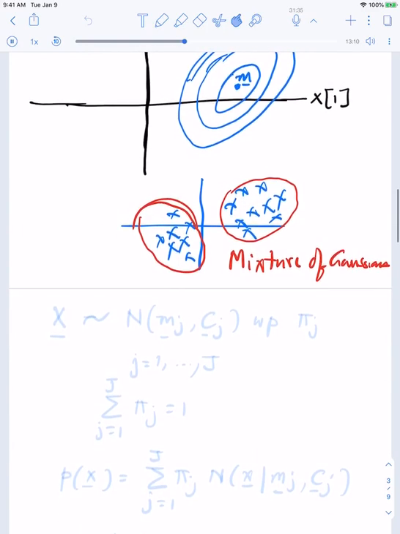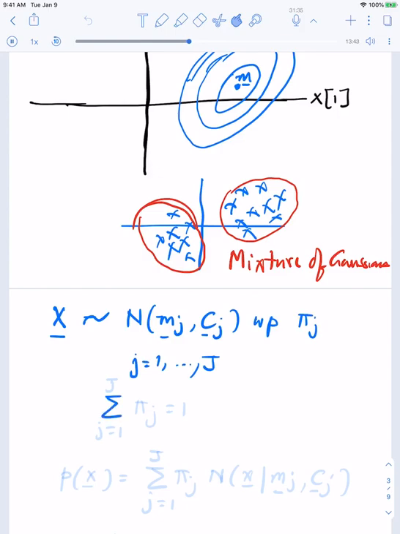So a random vector x, its distribution can be modeled as a mixture of Gaussians if we can say that x is distributed as Gaussian with some mean, say m sub j, and some covariance C sub j, with some probability pi sub j, and I could have J possible components of the mixture.